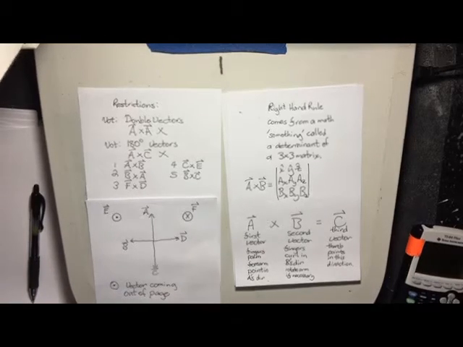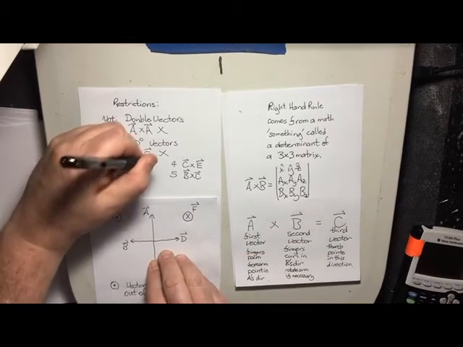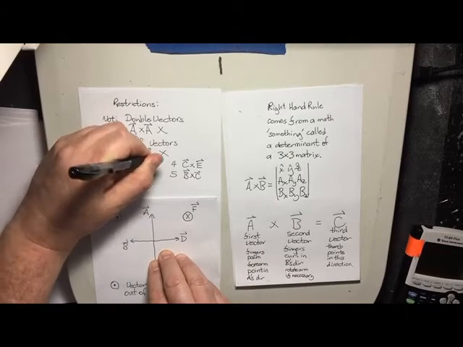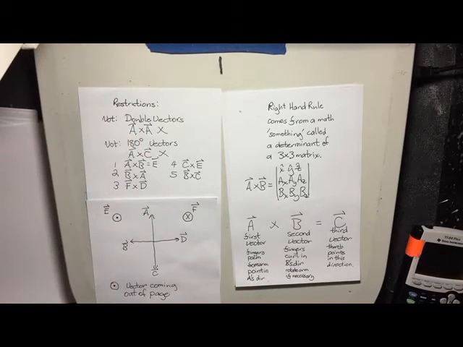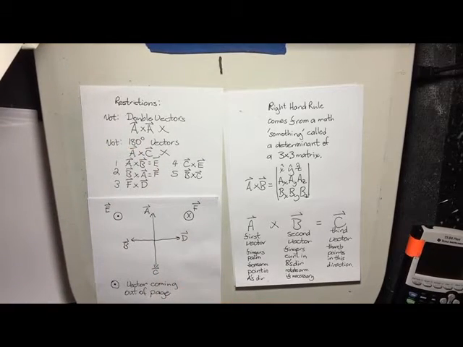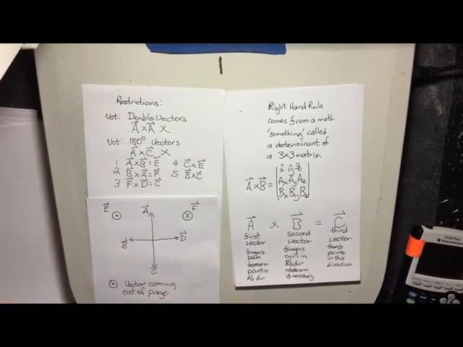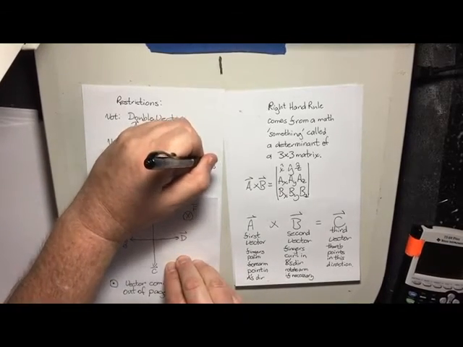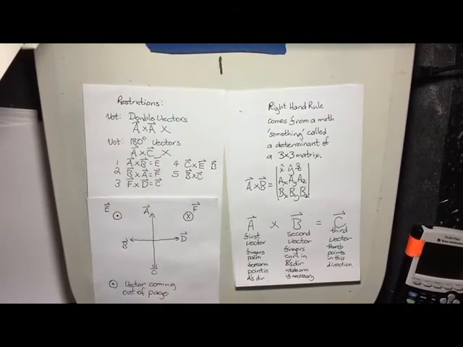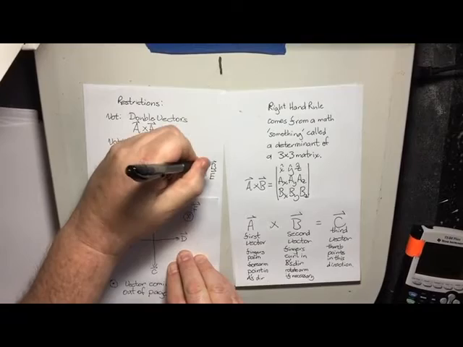Well, let's do this. This is how I typically do it: A, B, E, B, A, F, D, C, C, E, B, D, C, B, C, E. Okay, there we go.